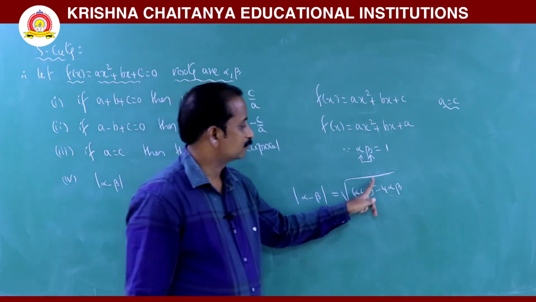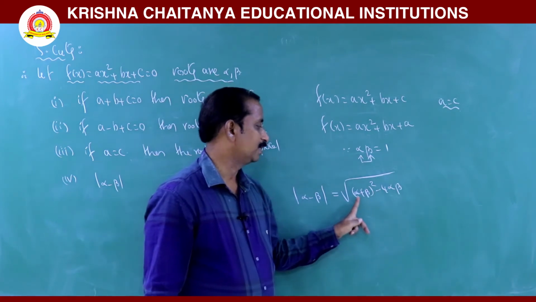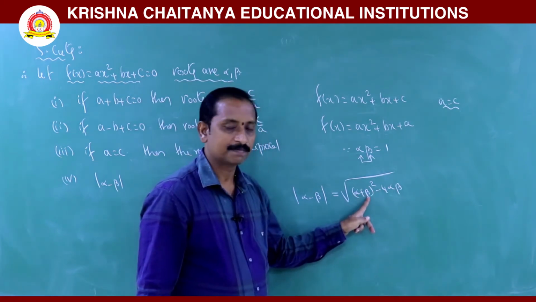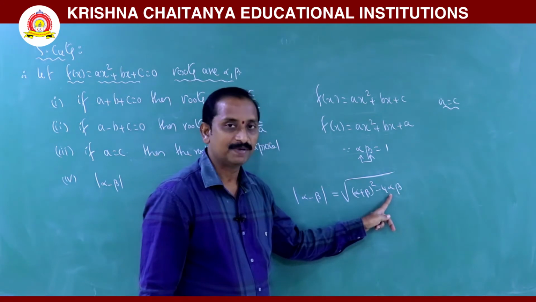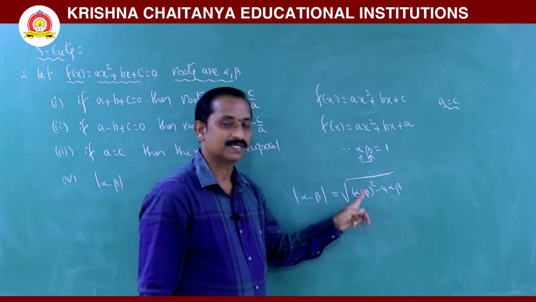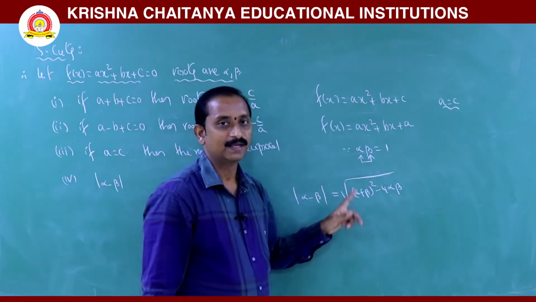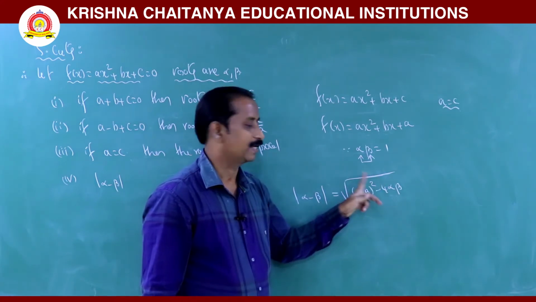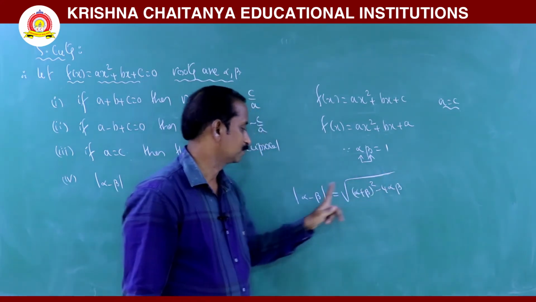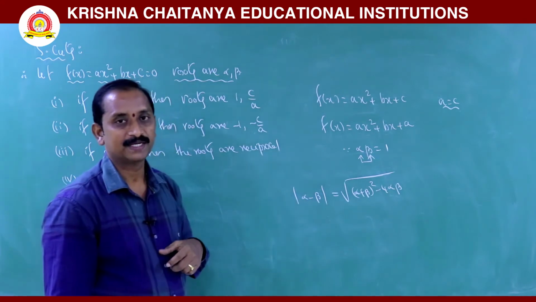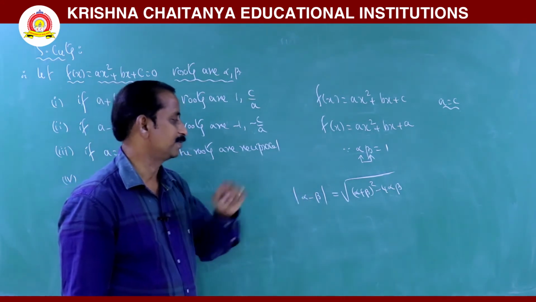A plus b whole square minus 4ab means a square plus b square plus 2ab minus 4ab, means a square plus b square minus 2ab. I can write (a minus b) whole square. Square root of (a minus b) whole square is nothing but alpha minus beta, meaning a minus b.